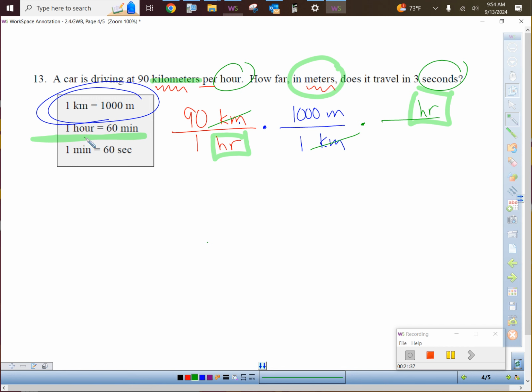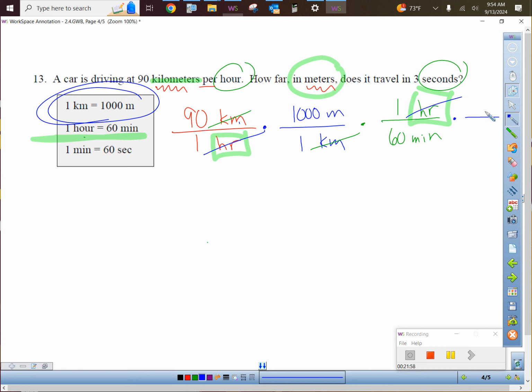So I'm going to use this second conversion rate. 1 hour is 60 minutes. You okay with that? It's weird. That's a tough one. So I'm going to cancel my hours. Peace out, Girl Scout. I got hours up and I got hours down. I'm running out of room to go to the right, so I'm just going to keep going down here. I just need to get rid of the minutes.